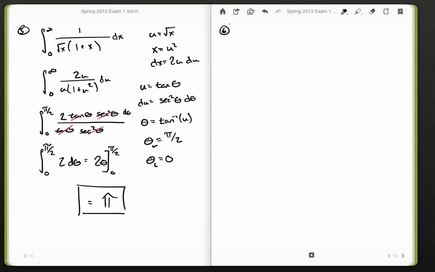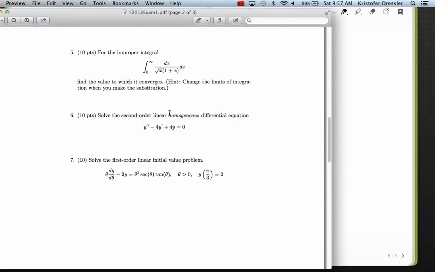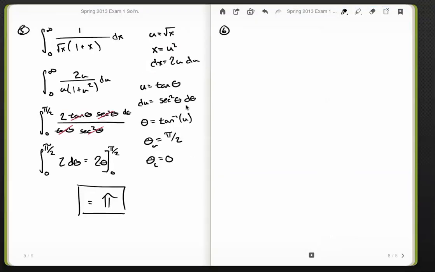What is this all about? Number 6, y double prime minus 4y prime plus 4y equals 0. Well, I know that my solution will look like y equals something e to the rx.